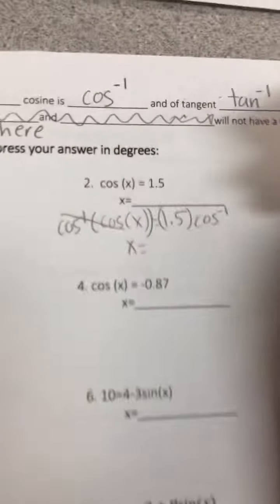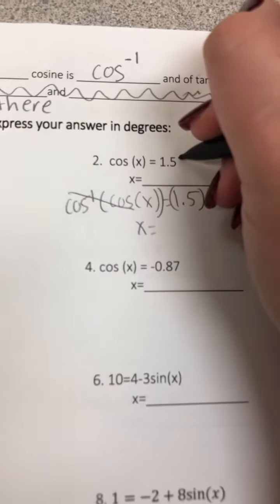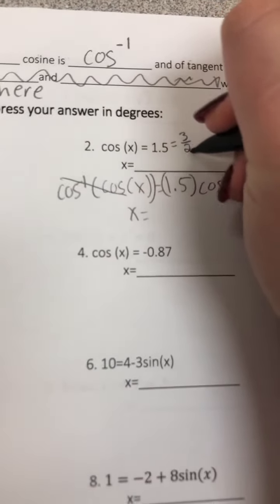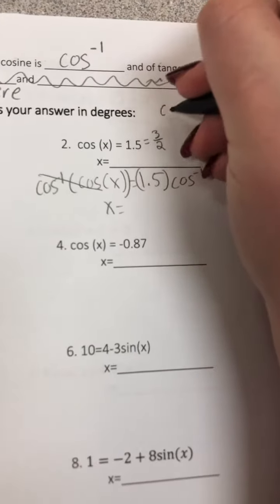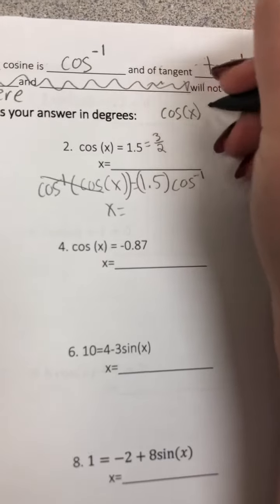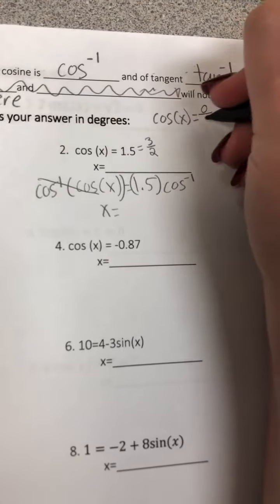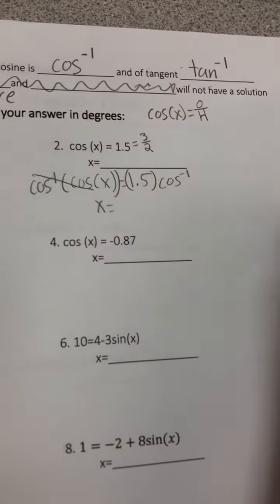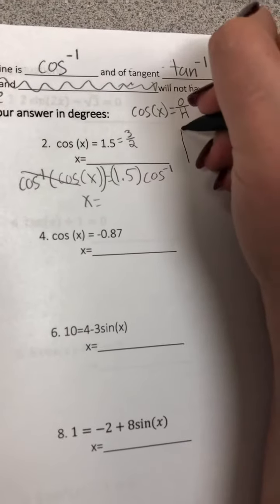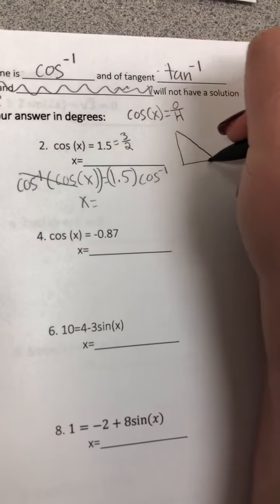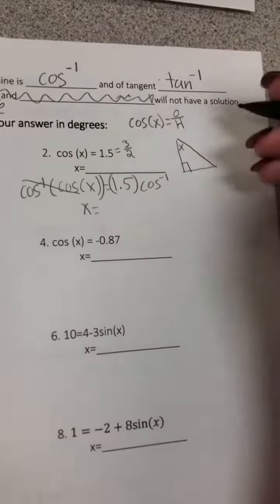If I wanted to change 1.5 into a fraction, it would be 3/2. And the cosine definition is cosine of x is opposite over hypotenuse. So we have our right triangle, and it doesn't matter where the x is.